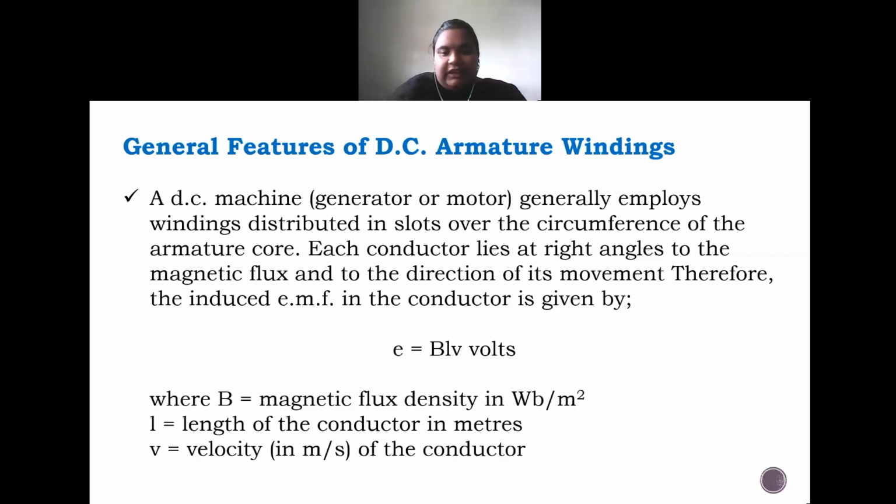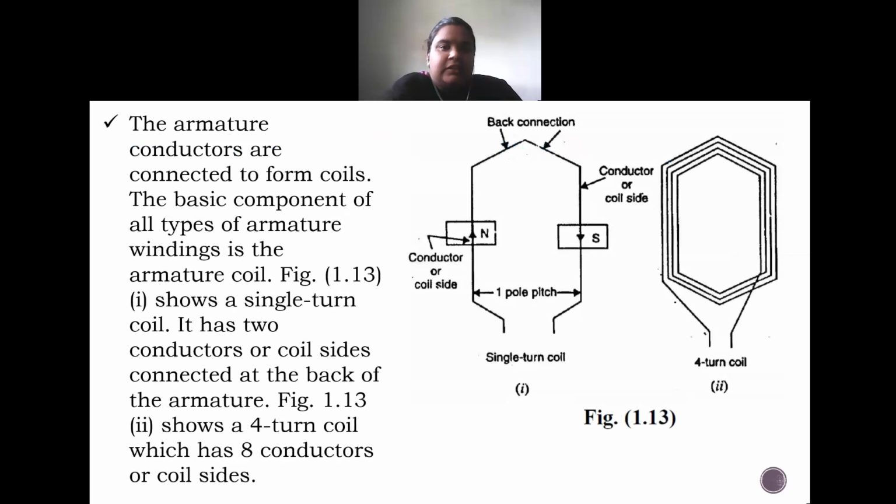BLV volts is the amount of voltage induced in the conductor. This is the first thing we need to understand in case of DC armature windings.